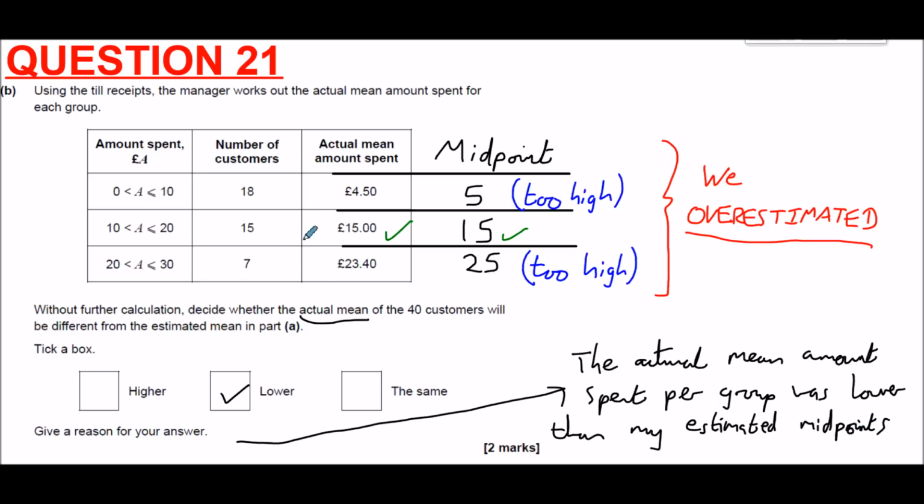I mean, fair enough, one was the same, but generally speaking, the midpoints we used were too high, so the actual means were lower.